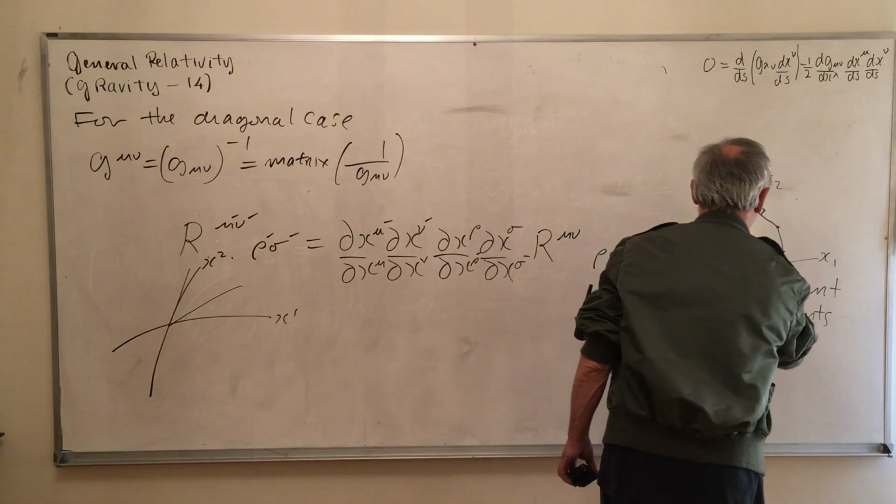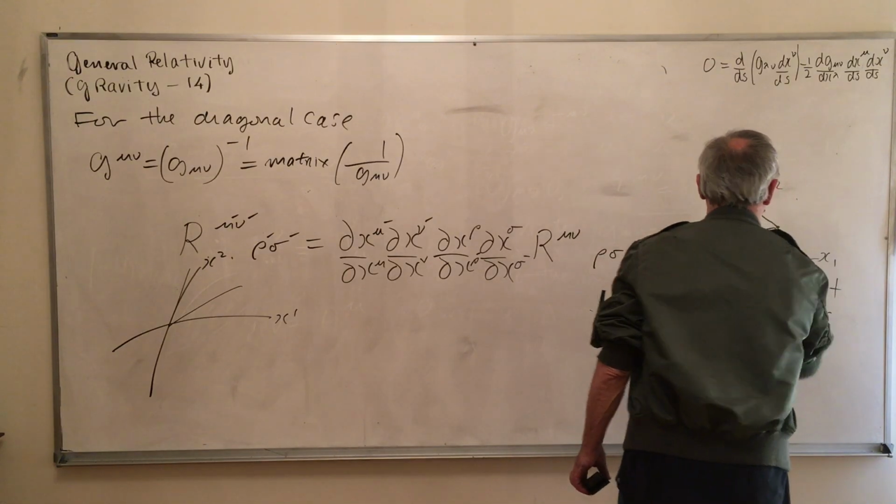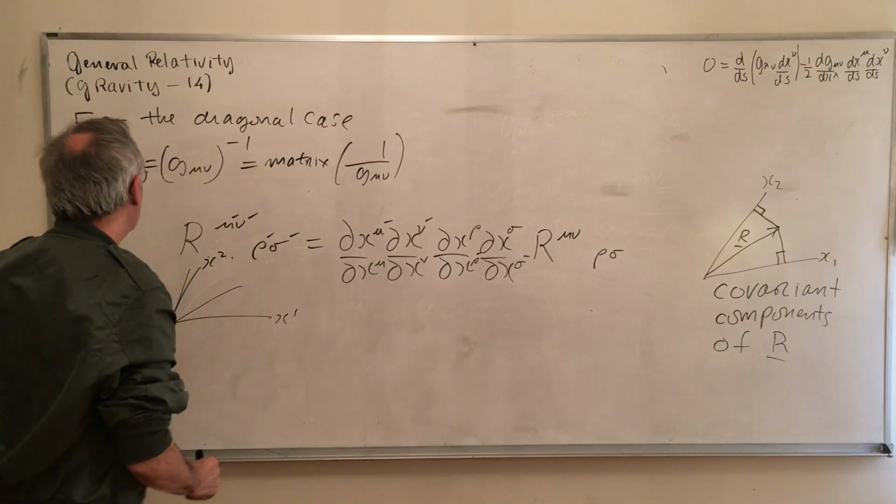I would say this is the position vector. What do the contravariant components look like?